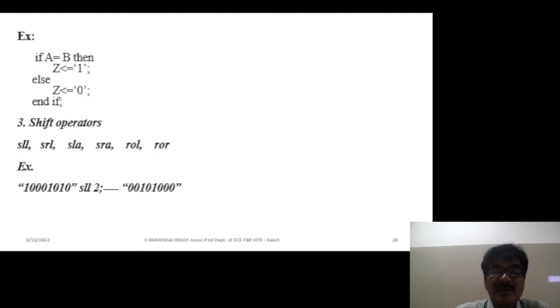That means the 2 MSB position bits in the original data, that is 10, will be erased, and there are 2 vacant positions in the LSB. They are filled with logical 0. So the expected result is 00101000. This is the result we get with this shift operation.